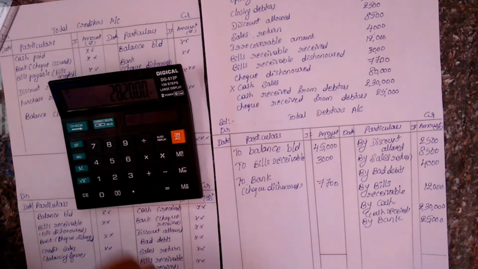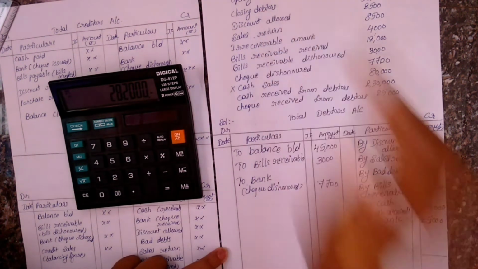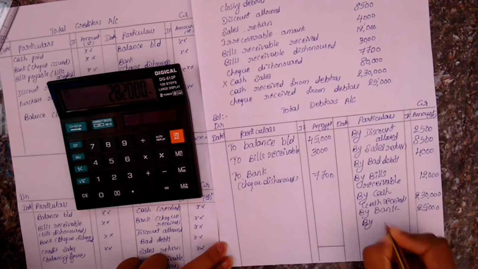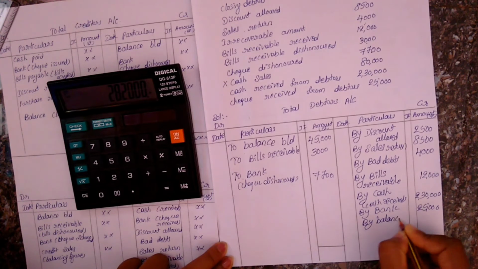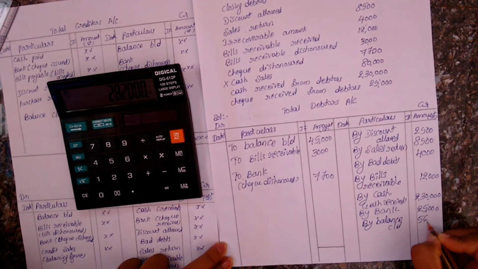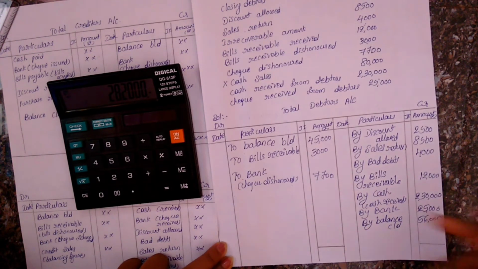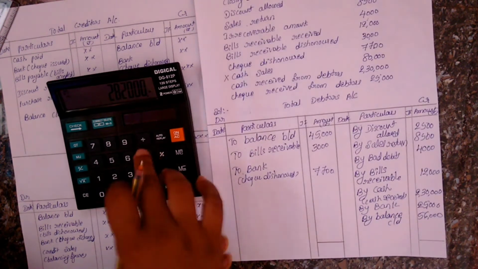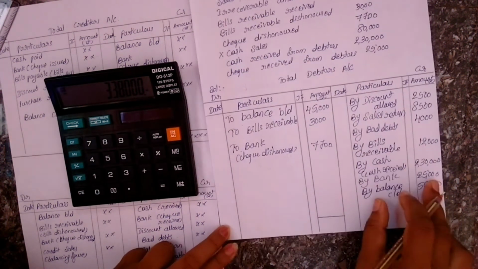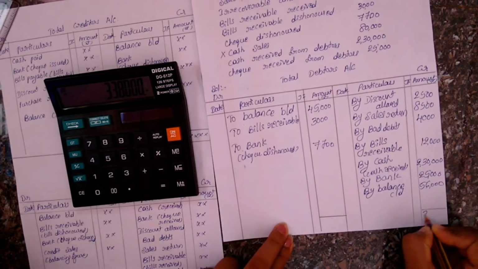One entry remains, that is closing debtors. Closing debtors should be in the credit side as by balance carried down. Amount is 56,000. Now calculate the total. The total we will get in the credit side is 3,38,000, right?